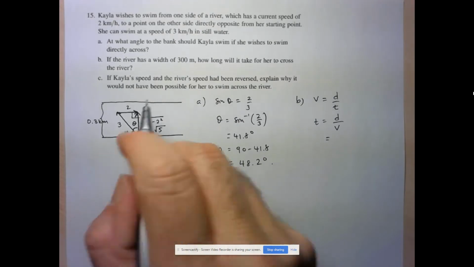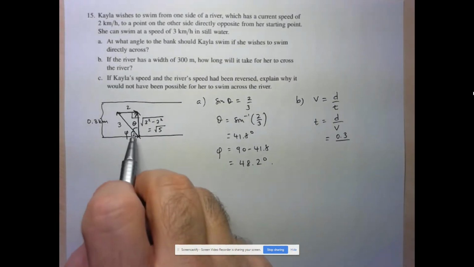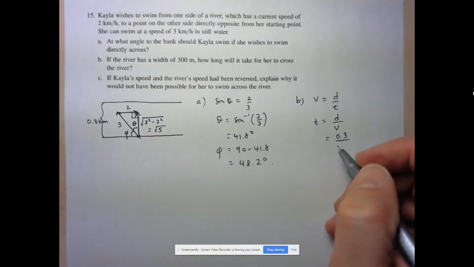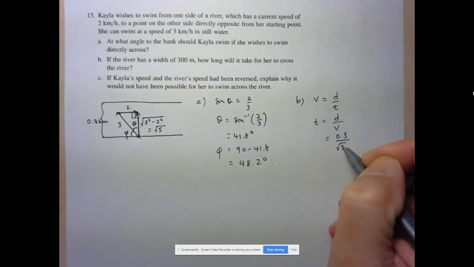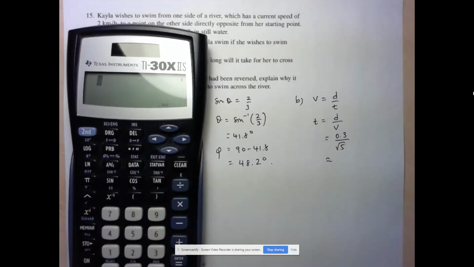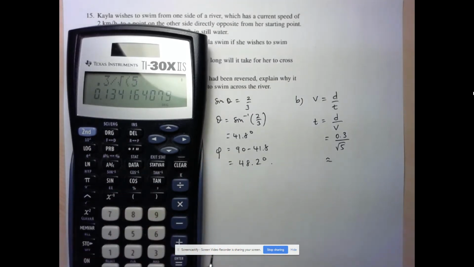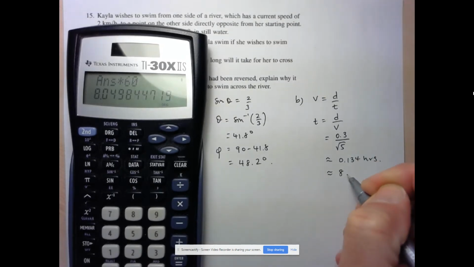The distance is 0.3, and the speed at which she's traveling in that direction is root 5. So that's approximately 0.3 divided by square root of 5, which gives us 0.134 hours. Let's multiply it by 60 to get the number of minutes. That's approximately 8 minutes to go across.